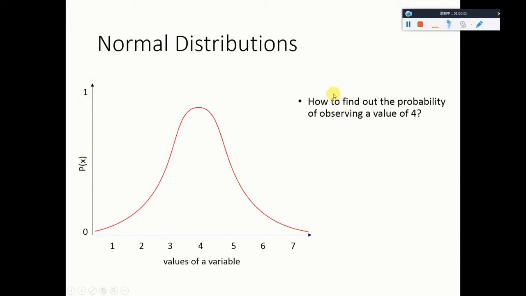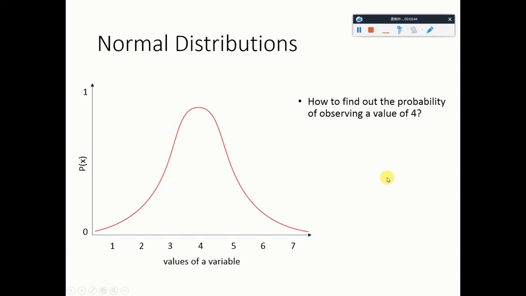So let me ask you, what is the probability of observing a value 4? It seems pretty straightforward, right? You say, if this y-axis plots the distribution or the probability, then what we can do is first draw a vertical line so that it touches 4 at this end, and it will intersect with this curve at the other end.